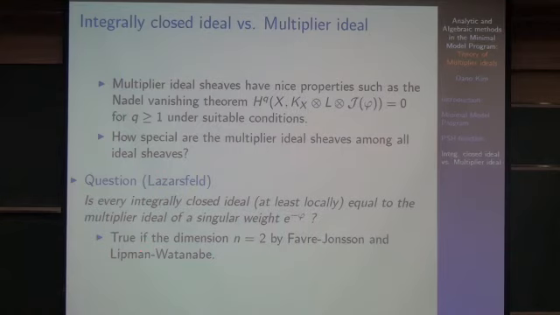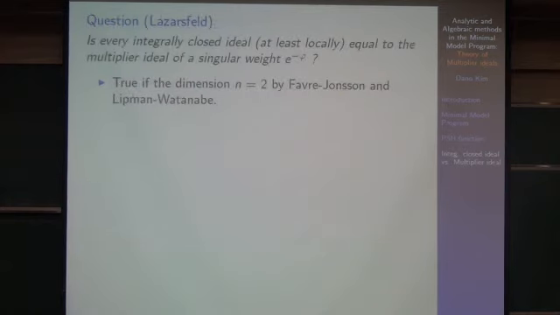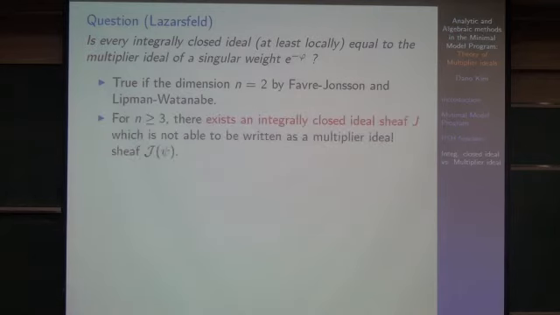For general dimension, actually the answer to this question is no. What Lazarsfeld and his former student Lee proved was that for general dimension there is a particular integrally closed ideal J which cannot be written as a multiplier ideal J of psi.